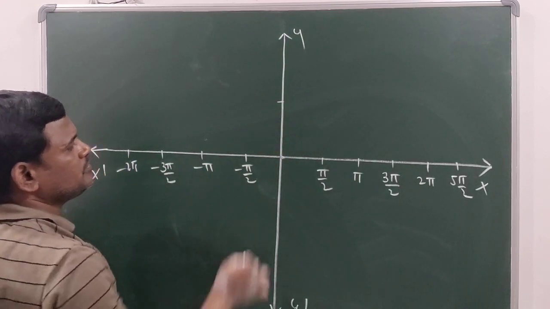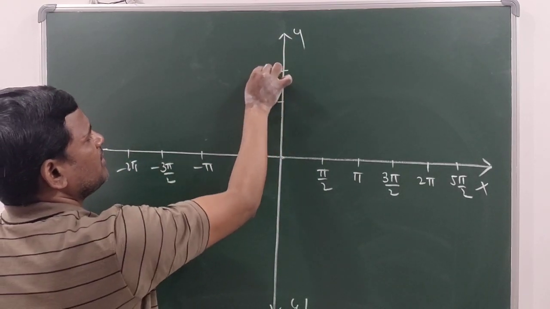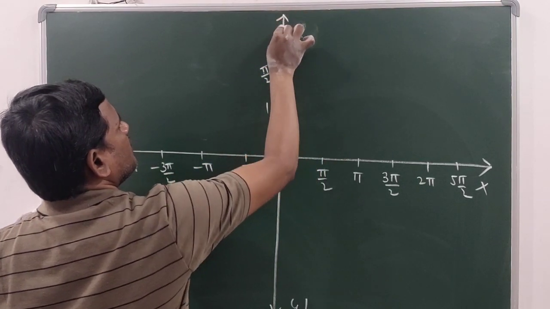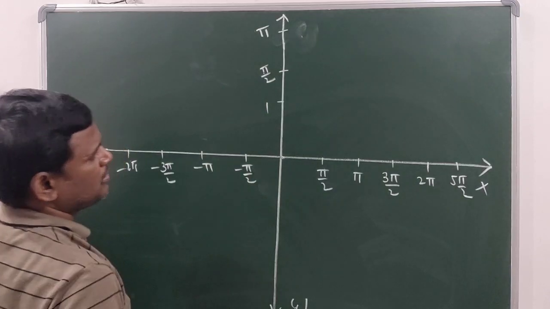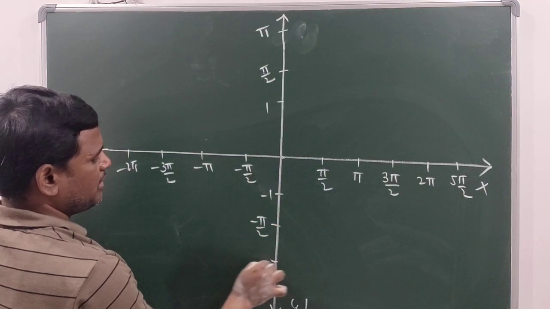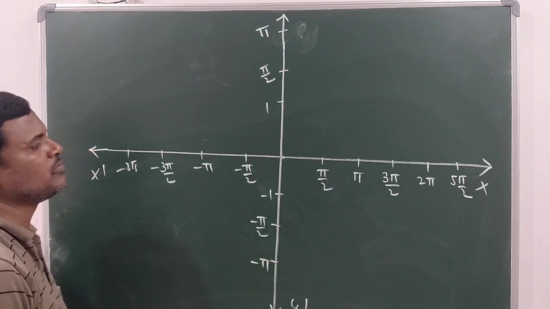So here you can take 1, here it is 90, here it is pi, and here it is minus 1, here minus 90, here it is minus pi, and so on.